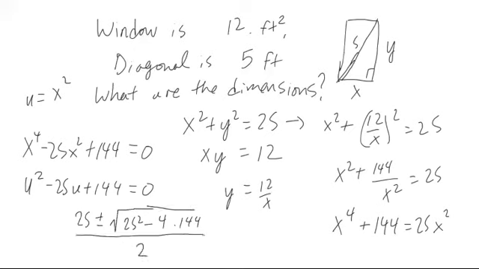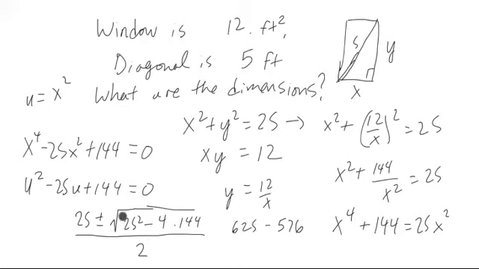And then we see what we end up getting here. 25 squared is 625 minus 576, I believe, which would give you 49.